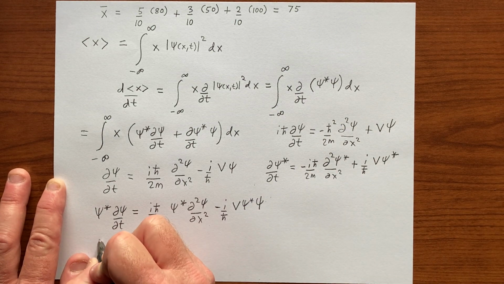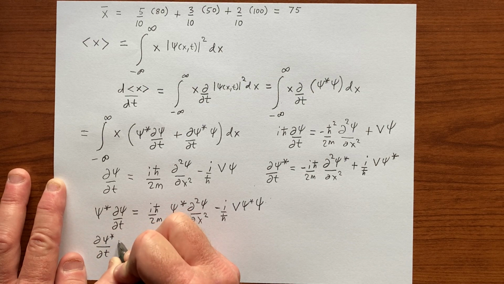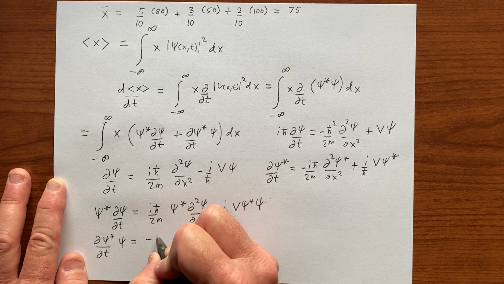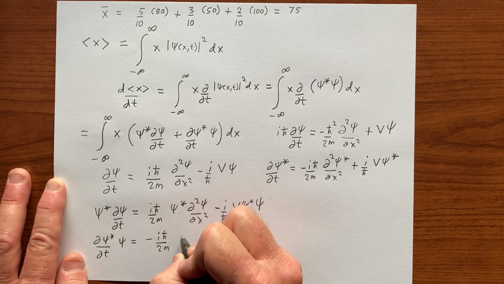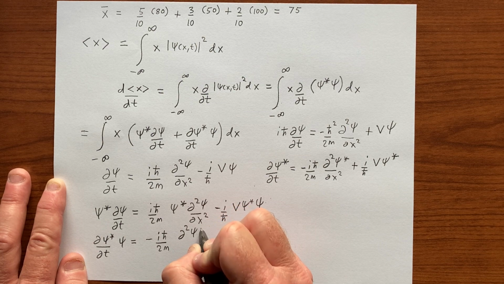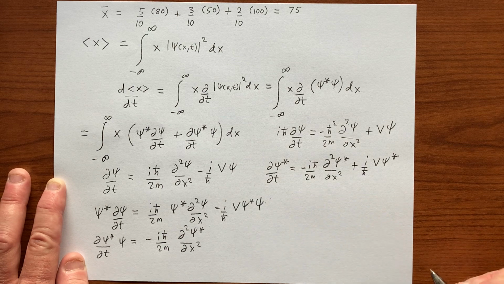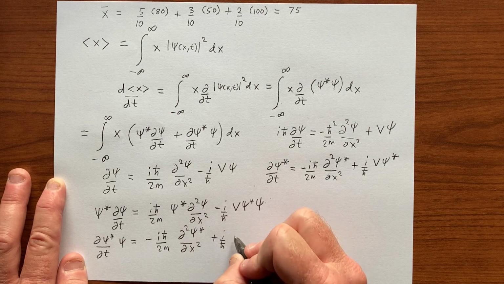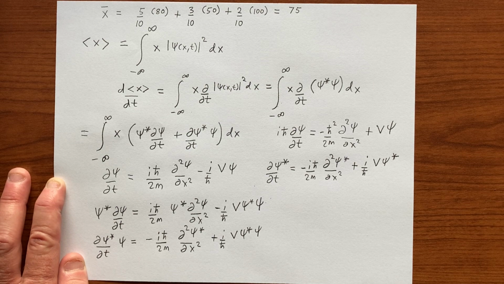And d psi star with respect to t times psi is equal to minus i h bar over 2m, two derivatives in psi star with respect to x, plus i over h bar v psi star psi.